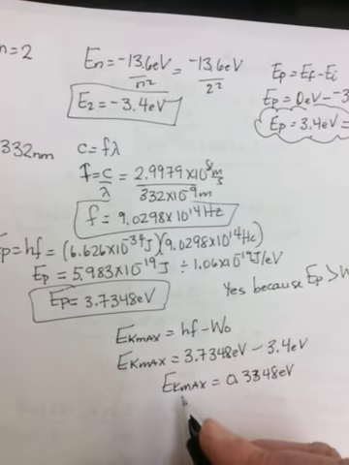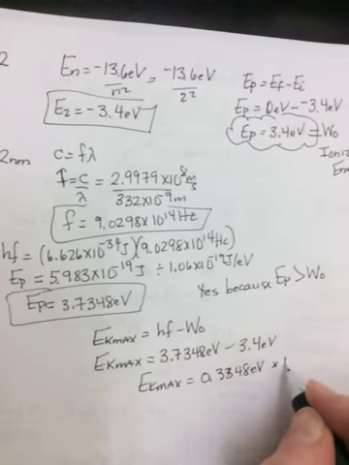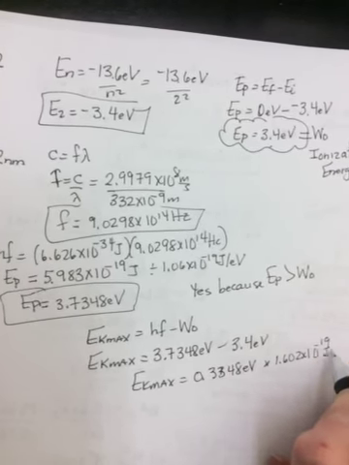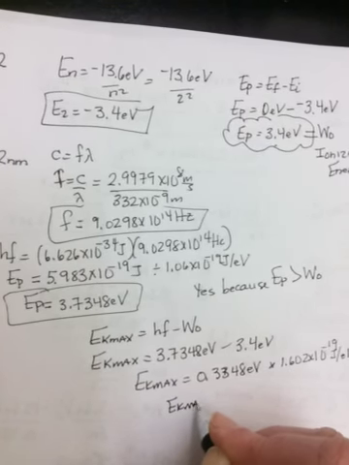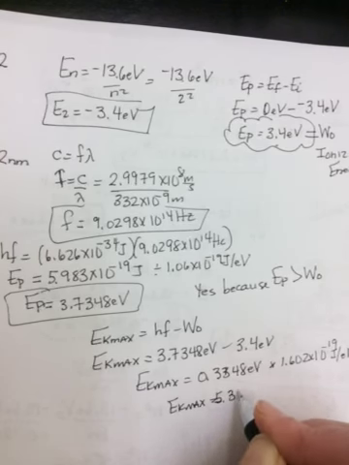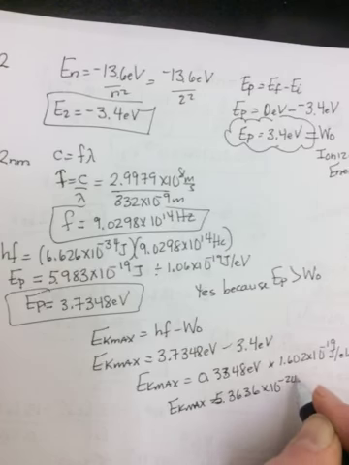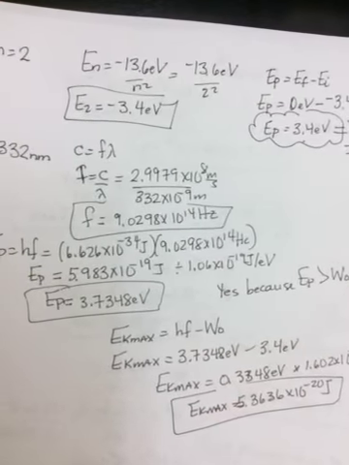And I don't know that it asks it for you. Oh, in joules it does. So then multiply by 1.602 times 10 to the negative 19 joules per electron volt, and EK max is equal to something like 5.3636 times 10 to the negative 20 joules. Okay, so there are your homework questions from the other day.